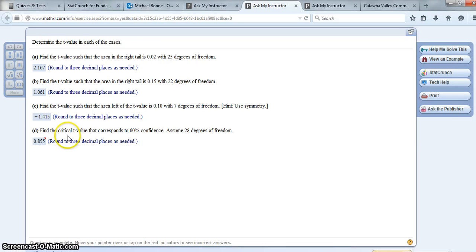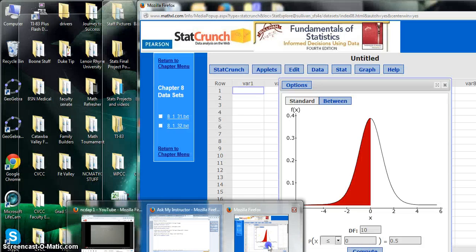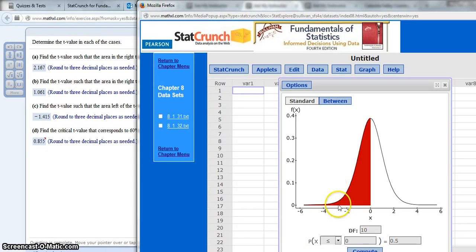Like on this one, find the critical value that corresponds to 60% confidence. Assume 28 degrees of freedom. Now, when you're at 60% confidence, that means you have 20% to the left, 20% to the right.